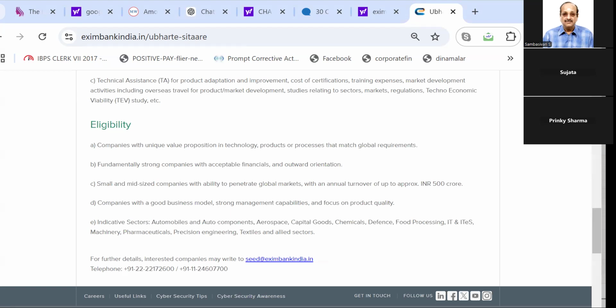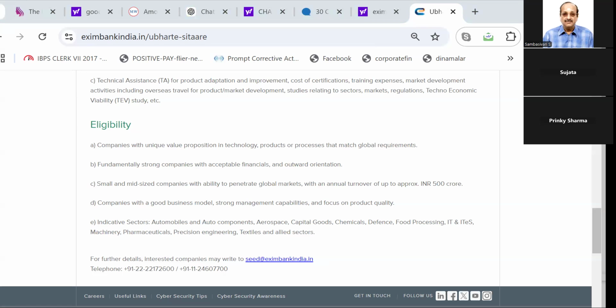Companies with a good business model, strong management capability, and focus on product quality. And last is indicative sectors like automobile, aerospace, capital goods, defense, food processing, IT, ITES, machinery, pharmaceutical, engineering, textile, and allied sectors.